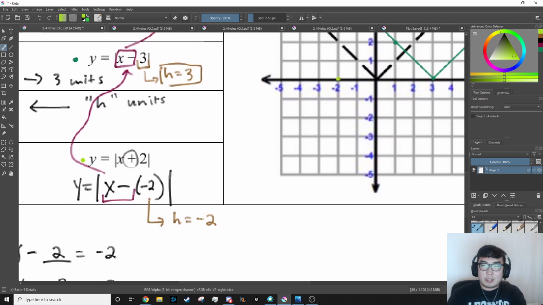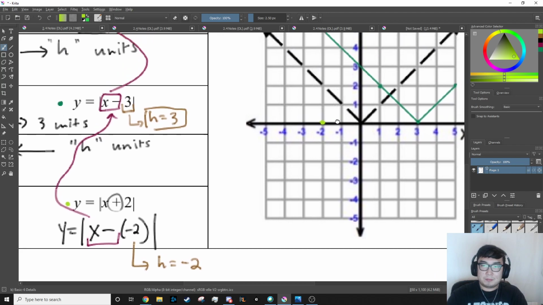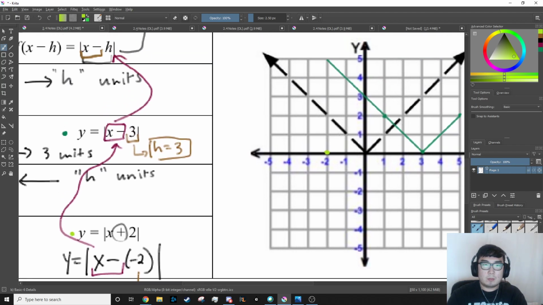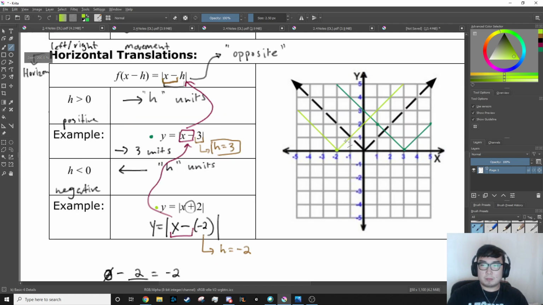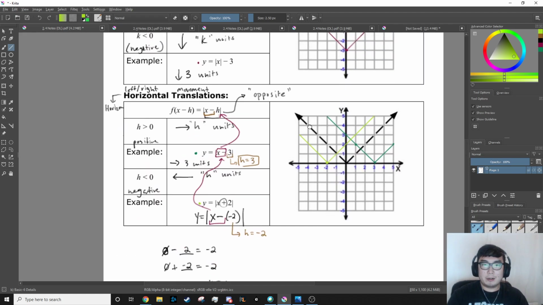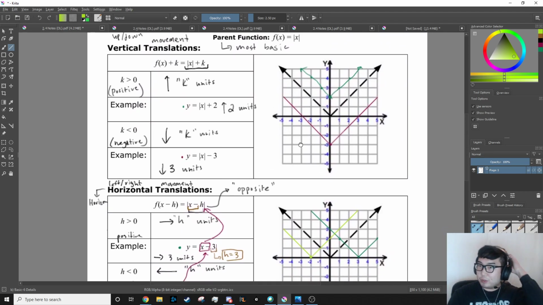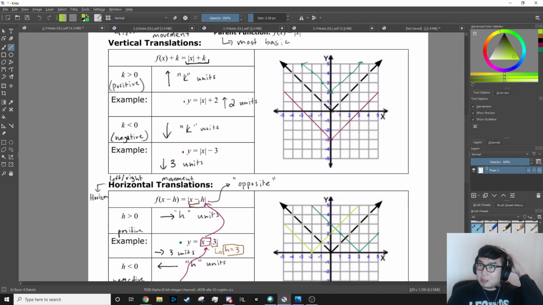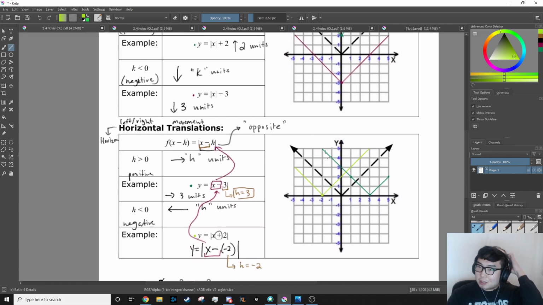Negative 2, which is right here, because I went 1, 2, and I just draw my absolute value going at a slope of 1. There we go. So we learned so far the translations, which is movement going up, down, left, and right.